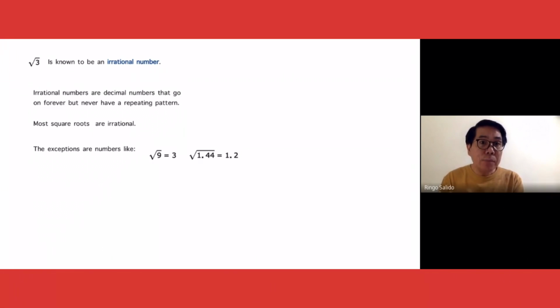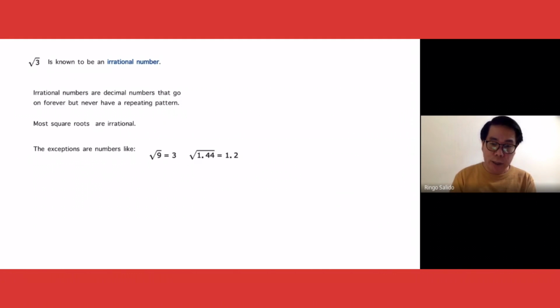So most of the square roots are irrational numbers, but these are not. Square root of 9 is 3, or square root of 1.44 is equal to 1.2. Another, square root of 25 is 5. So these are not irrational numbers.